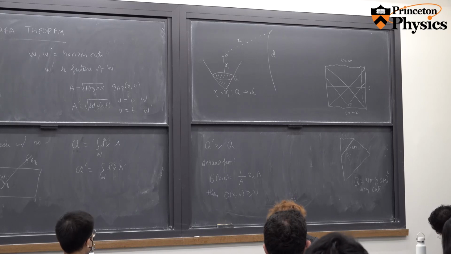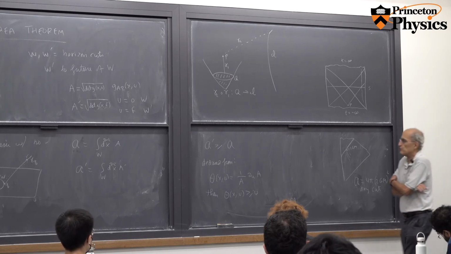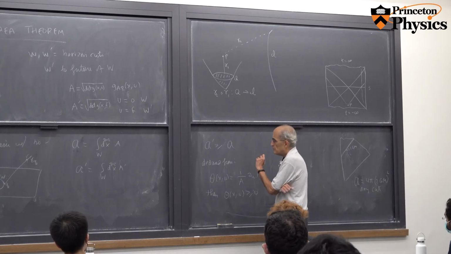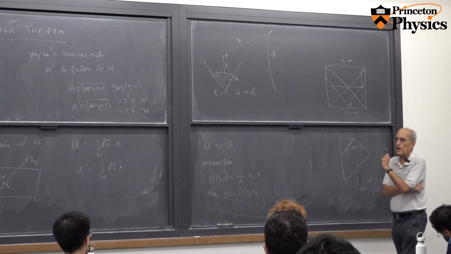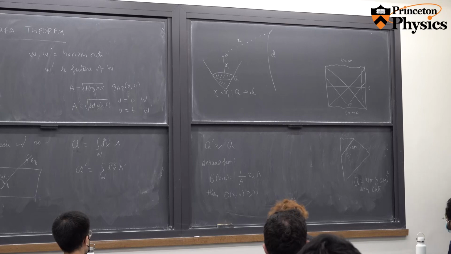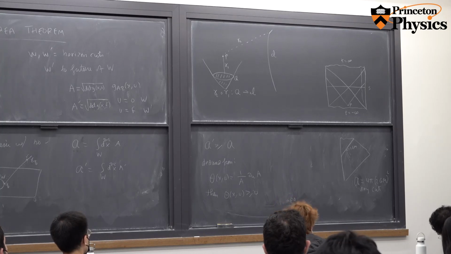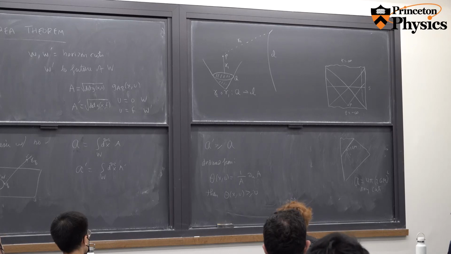I should mention something that was known at the time of Hawking's work on this theorem. You might have thought more naively that the black hole energy could only increase. That's actually false. Penrose had shown that in the case of a rotating black hole, if you send in matter with opposite angular momentum, you can reduce the angular momentum of the black hole and actually reduce the black hole energy.